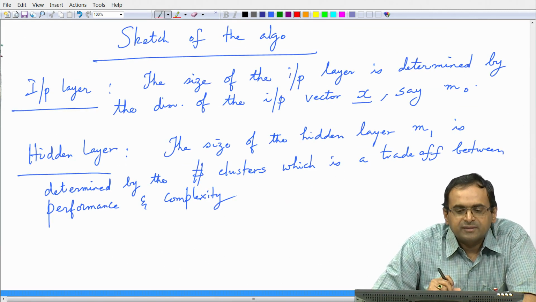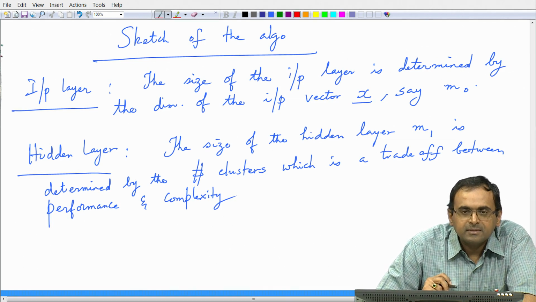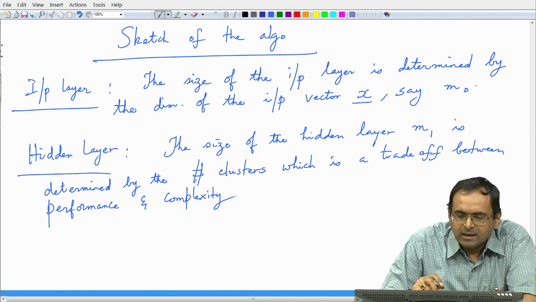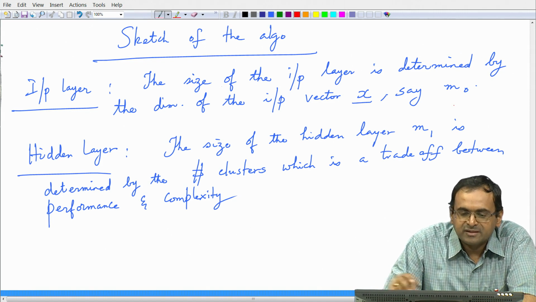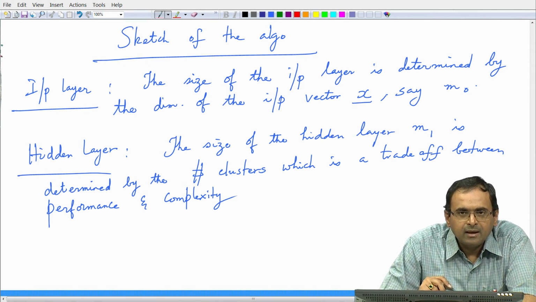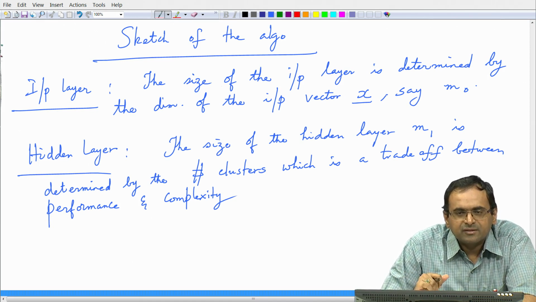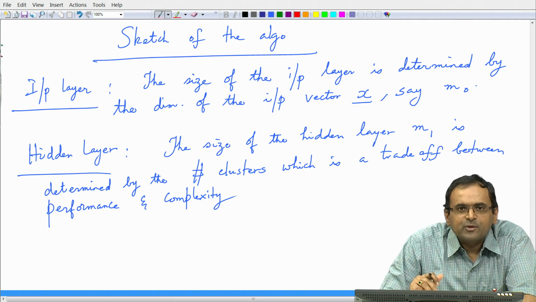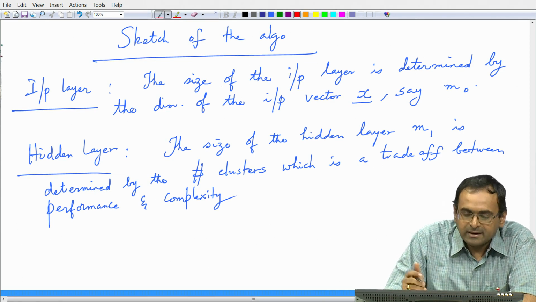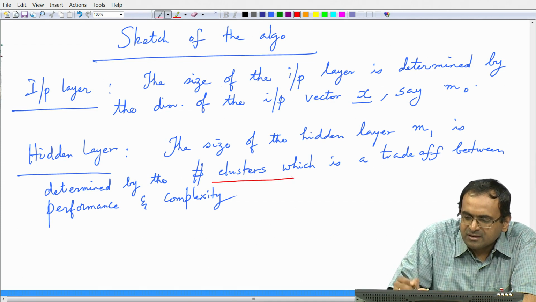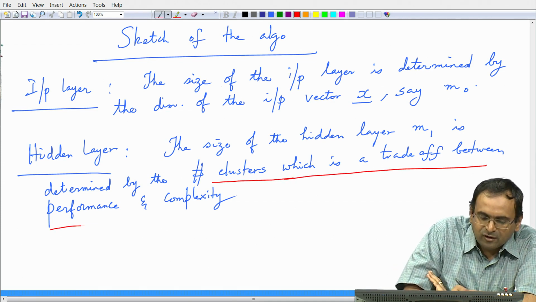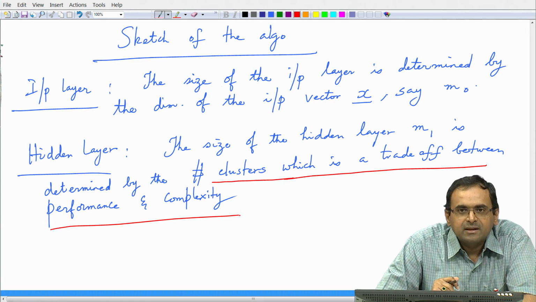Now, here is a sketch of this hybrid learning algorithm. The input layer has inputs of dimension m naught. The size of the input layer is determined by the dimension of the input, and the hidden layers comprise a number of Gaussian units or these radial basis function computational units, and the number of units are determined by some clusters, which is a trade off between the performance and complexity.